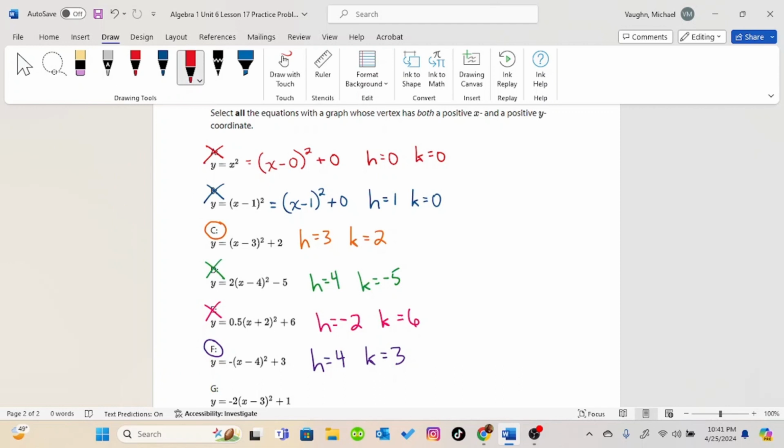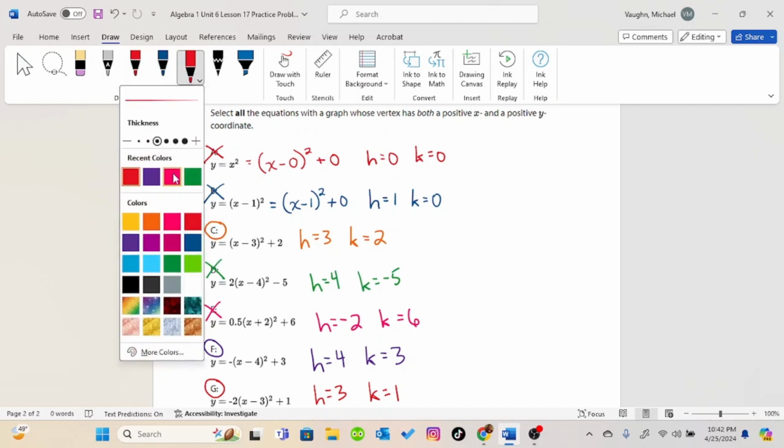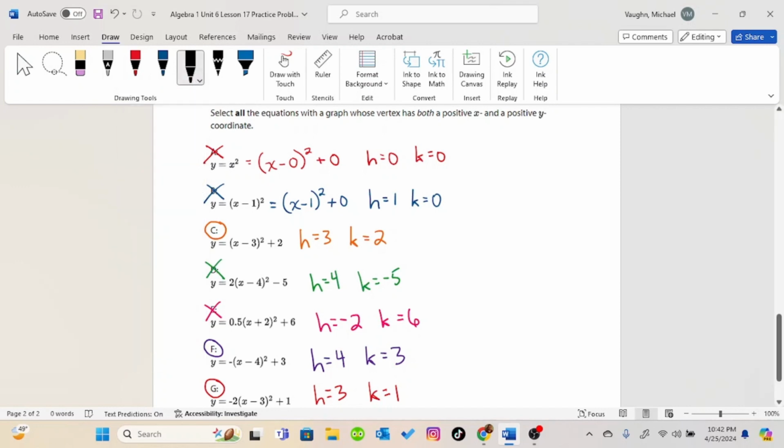And finally, G, we have an h of 3 and a k of 1. The h is positive and the k is positive, so G is a third correct answer. Remember, the reason I know this is because in vertex form, it's a times x minus h squared plus k.